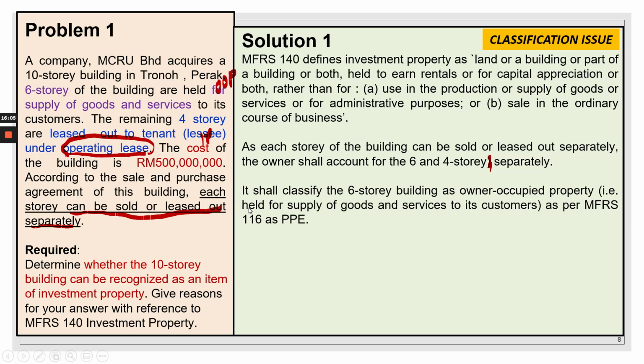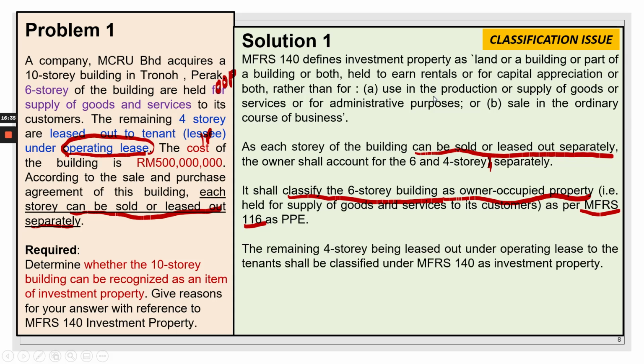So let's look at the rules prescribed by the standard. According to MFRS 140, the company shall classify the 6-story building as owner-occupied property under MFRS 116. Why? Because it is held for supply of goods and services to its customers, and it can be sold or leased out separately.